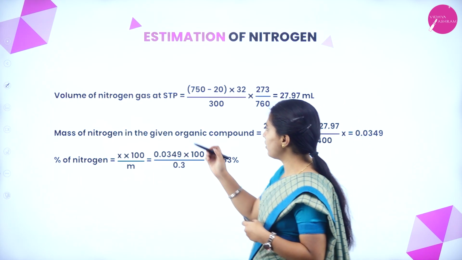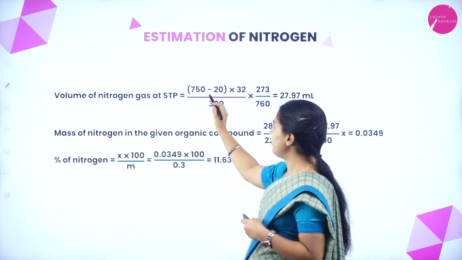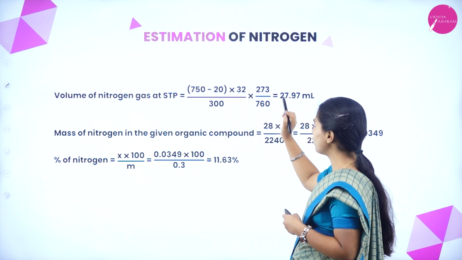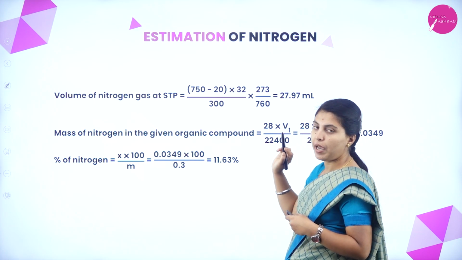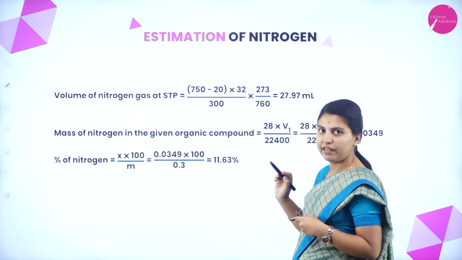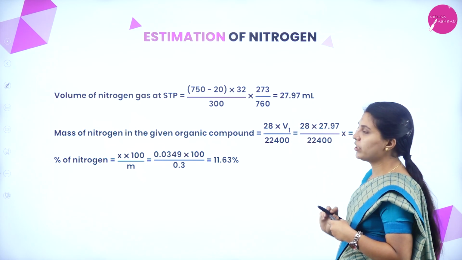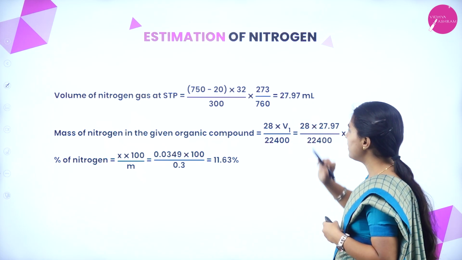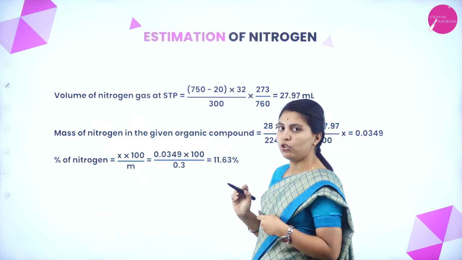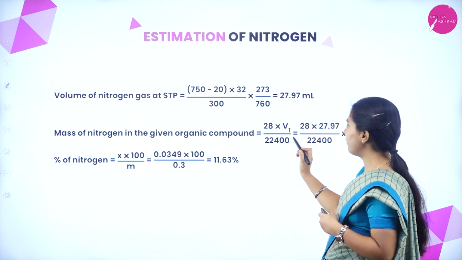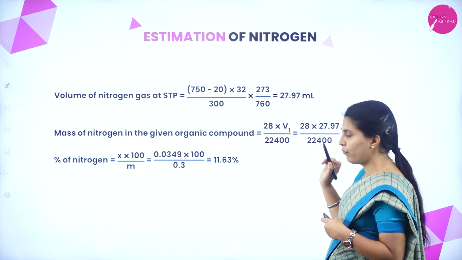And the volume of nitrogen gas at STP is 750 minus 20 into 32 divided by 300 into 273 by 760. P minus F into V they have given, right? Overall, after calculation, 27.97 ml is obtained. So, mass of nitrogen in the given organic compound is 28 into V1 by 22,400.